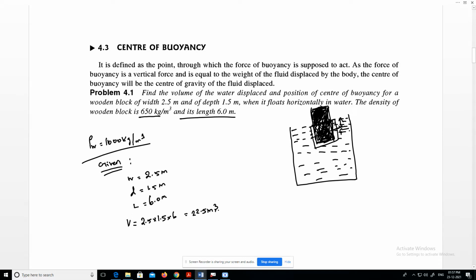Right. Now the density of the wooden block is 650 kg per meter cube.